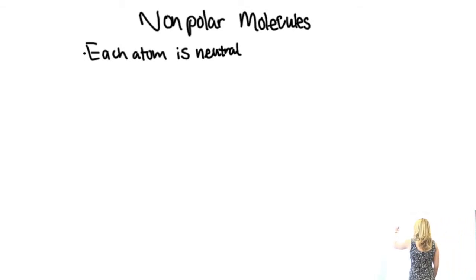So CH4, we have carbon which has its 4 valence electrons, and we have hydrogen, which each hydrogen contributes 1 valence electron.